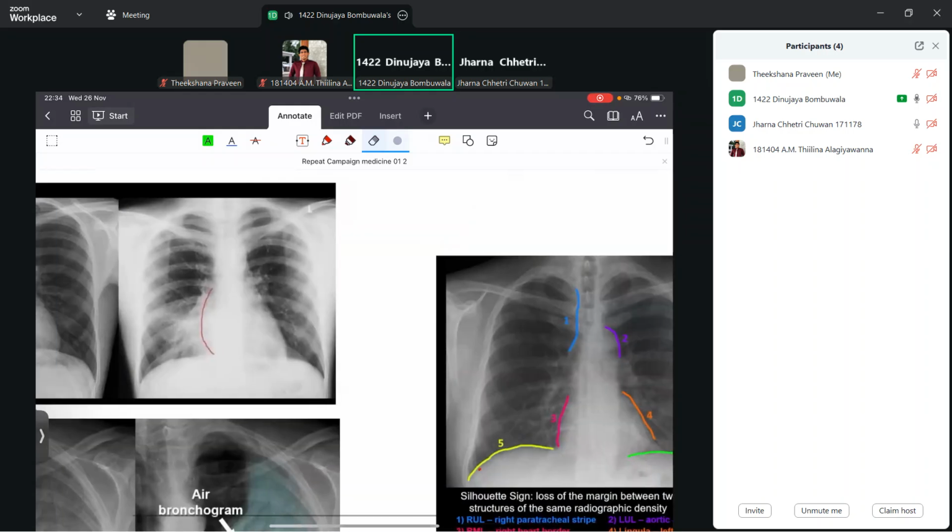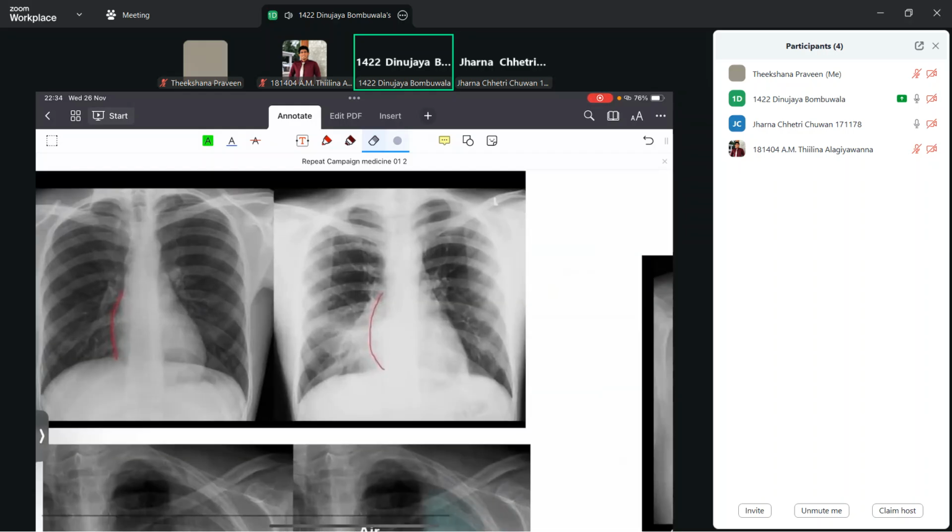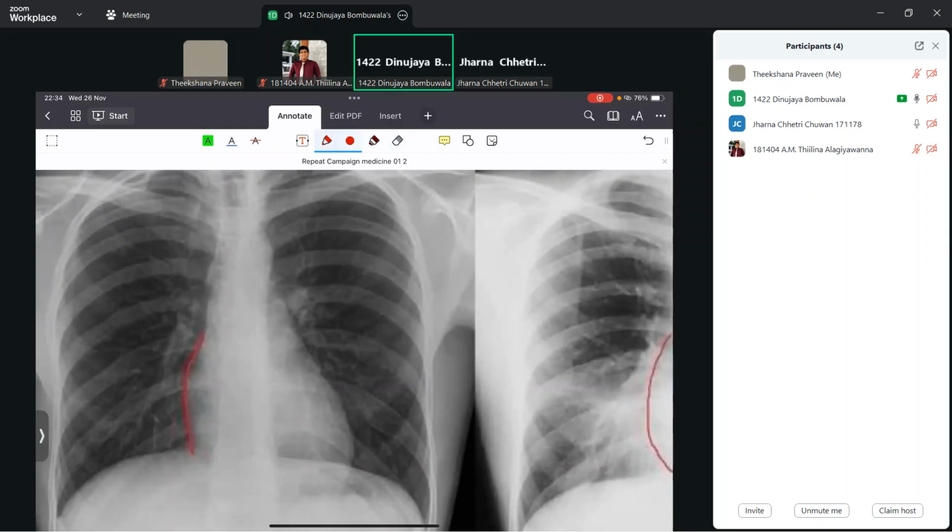So this is a normal cardiac shadow. You can see that there is some definition of the cardiac shadow and the lung shadow here. But if there is consolidation in this region, let's say the middle lobe, in consolidation we know that the density increases and it appears as white.